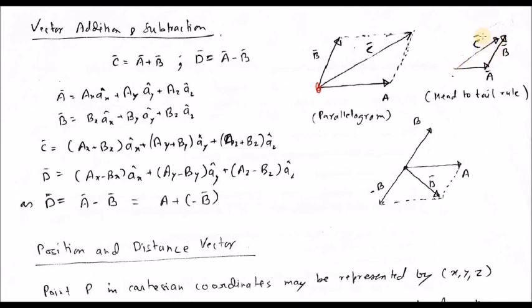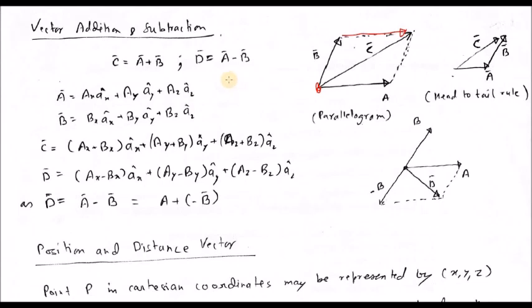So this will be your C. I can move A also, means I can connect it like this. I moved A from here to here, and I connect the tail of A with the head of B, and just join this to get C.